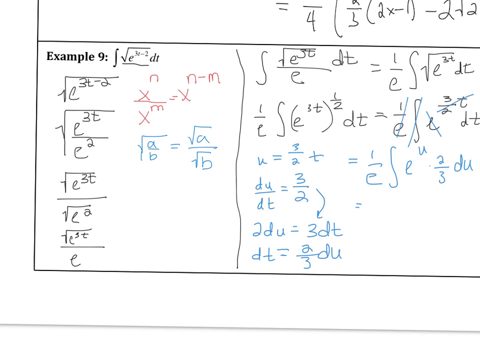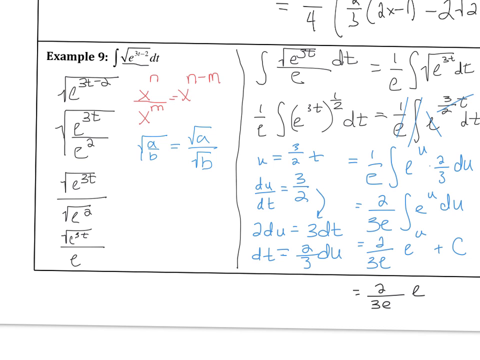We'll pull that 2/3 out in front, so we'll say 2 over 3e times the integral of e to the u du, and then it doesn't get simpler than that. You'll have 2 over 3e. The antiderivative of e to the u is e to the u plus c, and then we back substitute. So we get 2 over 3e.